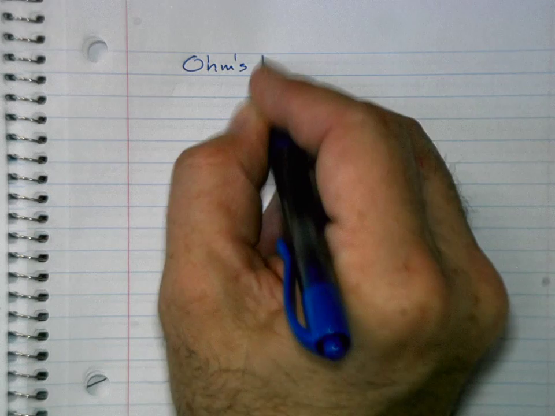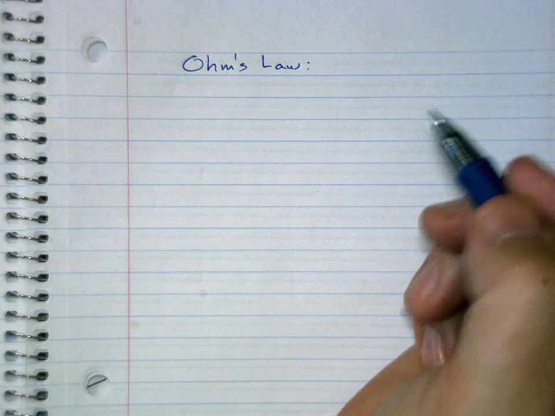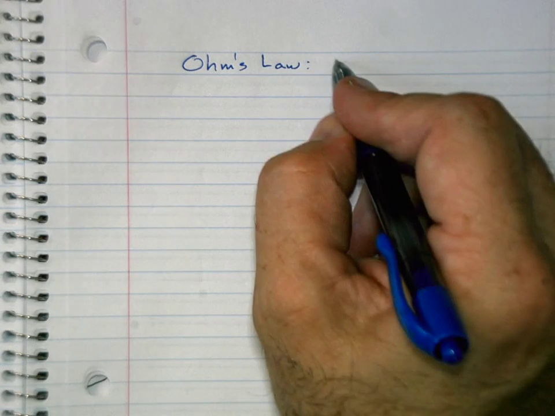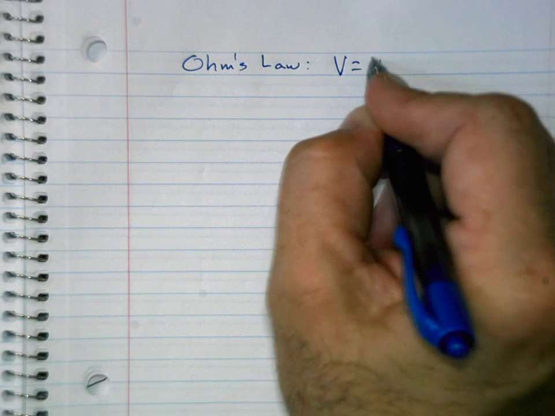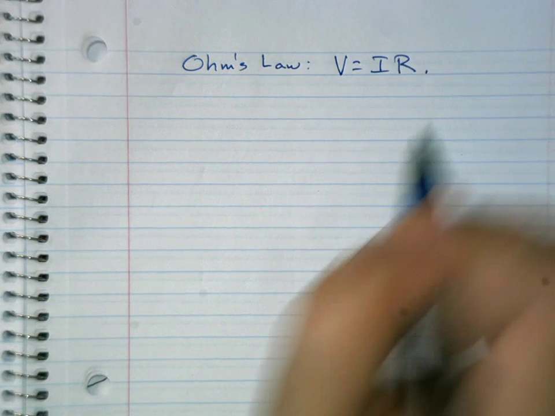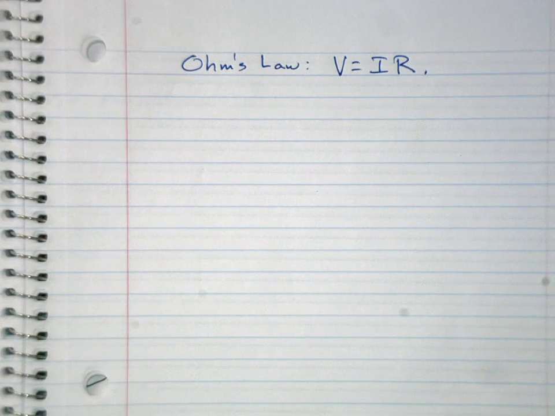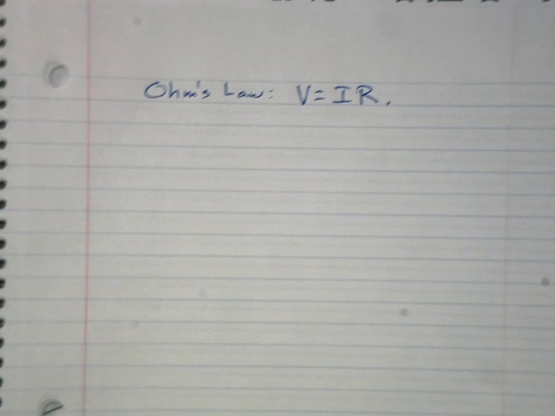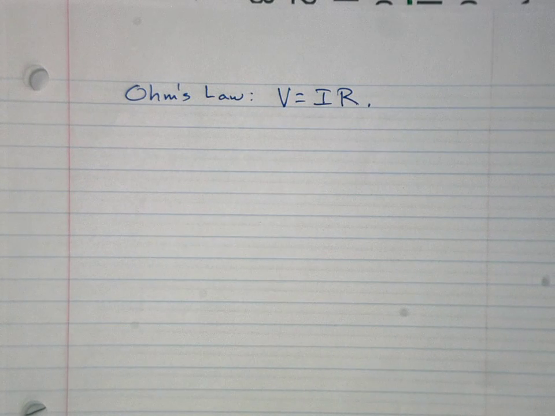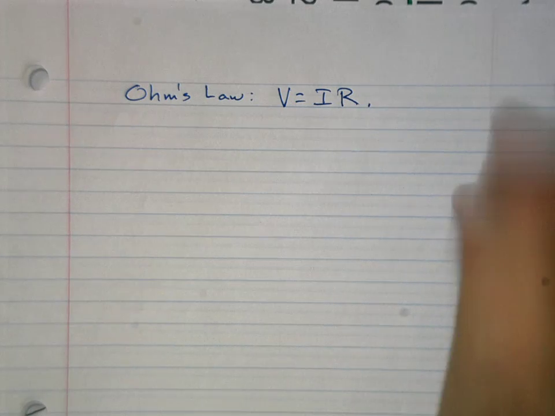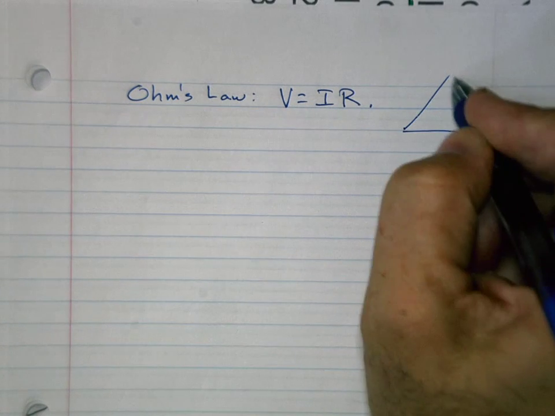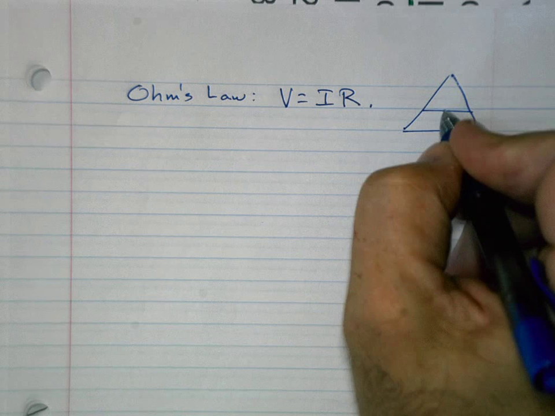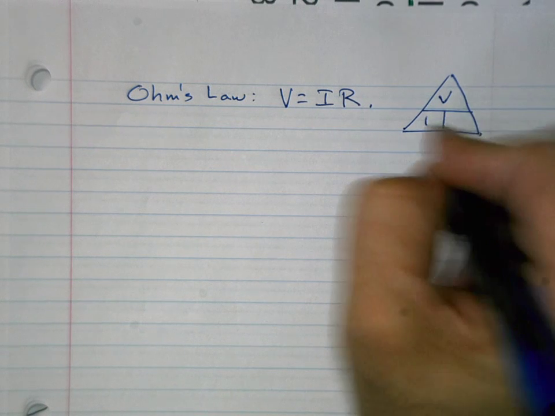And the last one, Ohm's law. And then we're done. V equals IR. If you're a fan of equation triangles, you can put V in the top, I and R down here.